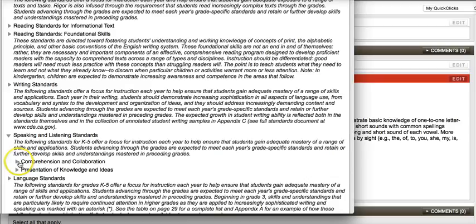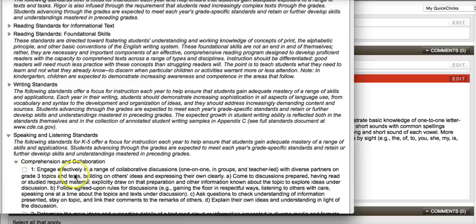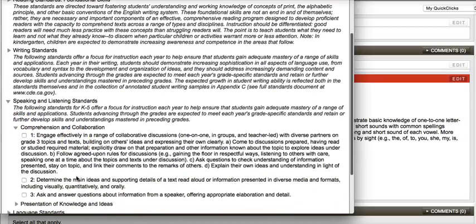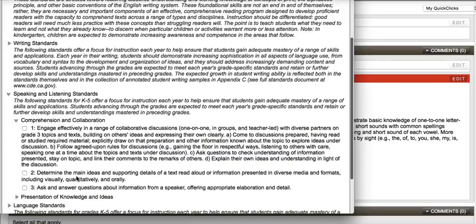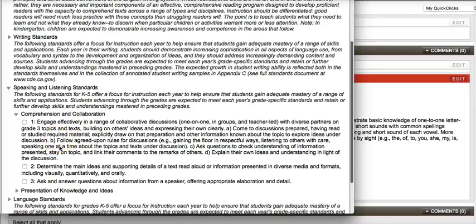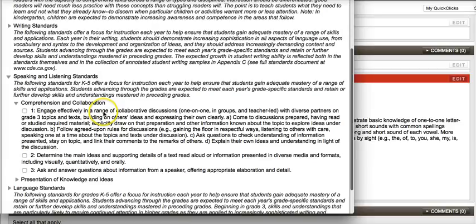So in light of the fact that I don't want the students to present, I just want them to engage in conversation in this particular lesson I'm going to do today. So I'm going to say that they are going to engage effectively in a range of collaborative discussions, one-on-one, group, and so on. This gives me the opportunity to say, okay, I'm going to have a class discussion or I'm going to have a paired discussion.